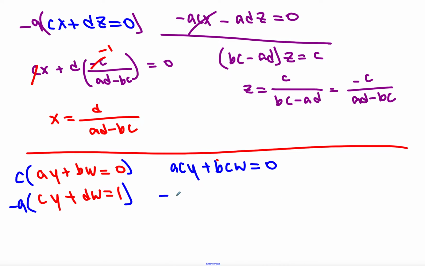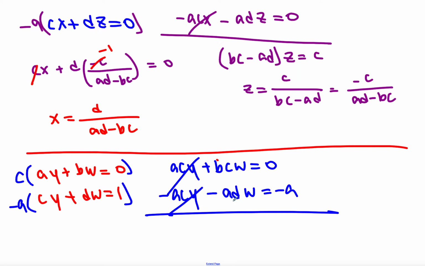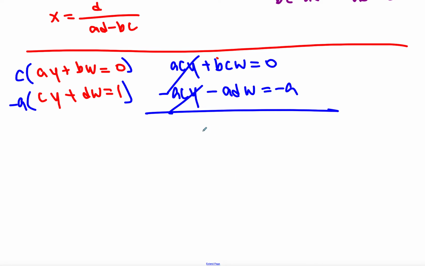Here, negative ACY minus ADW is equal to negative A. So when I add them up together, these two cancel away. You get to figure out that W can be factored.